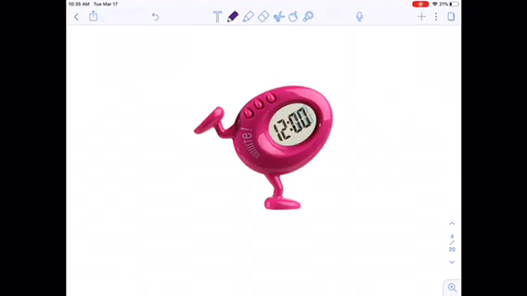What do you think this time is? Remember, I say the hours, and then I say o'clock if there are 0 minutes passed. So I say the number 12, and then I say o'clock. Did you know that this clock said 12 o'clock? Let's look at another one.